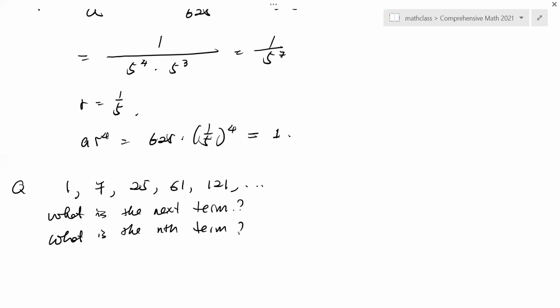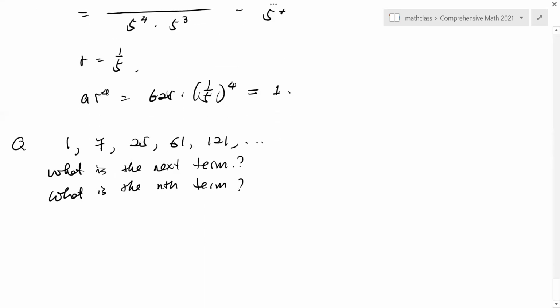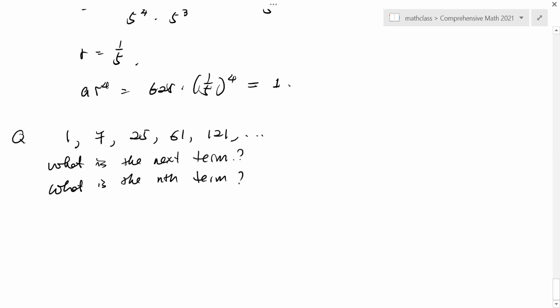So let's find the pattern. In general, we'll just take the difference. I'm going to call the first one A1; An denotes the nth term. So A2 minus A1 is going to be 7 minus 1, which is 6.